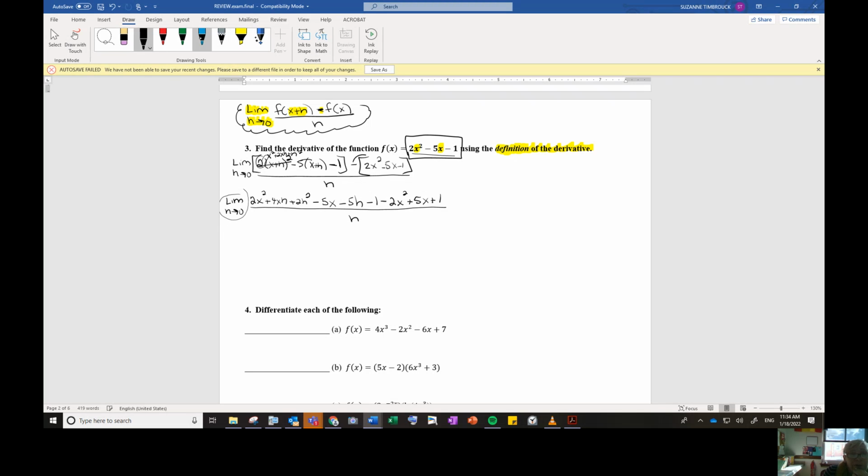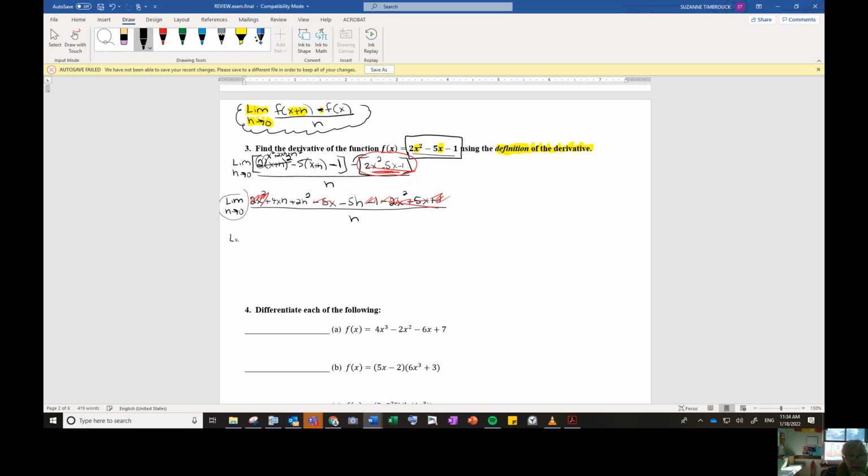Now we're at the point where your first self-check comes in. This entire trinomial on the end here should cancel. I'm looking to cancel 2x squared, 5x, and 1. So there's my 1 with my negative 1, positive 5x, negative 5x, negative 2x squared, positive 2x squared. So all of that canceled off with something.